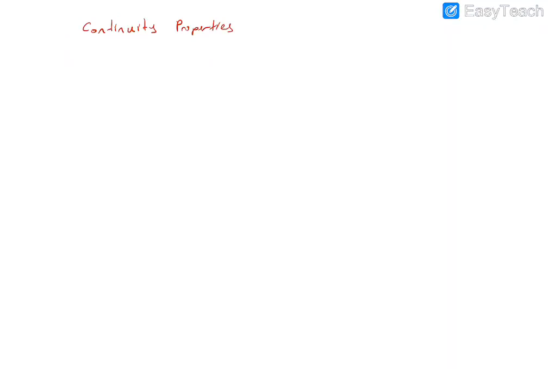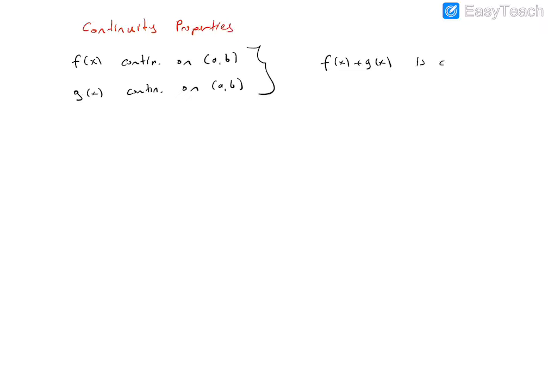If two functions are continuous on the same interval, f of x is continuous on the interval [a, b], and g of x is continuous on the interval [a, b], we can say that f of x plus g of x, the summation of these two functions, is continuous on the same interval, and also the difference is continuous on the same interval. And the product, f of x times g of x, is continuous on the same interval.